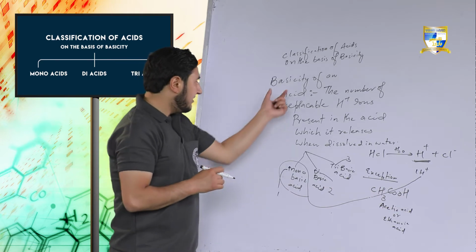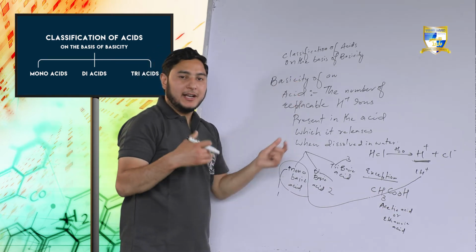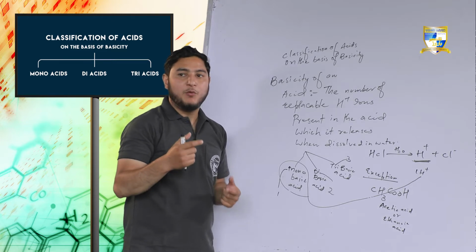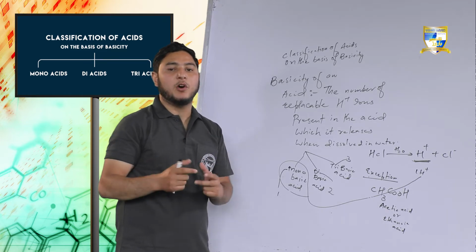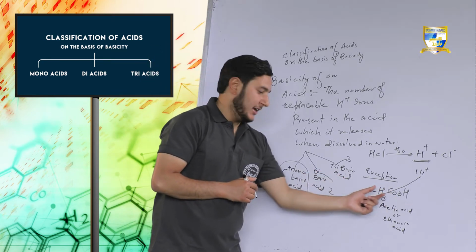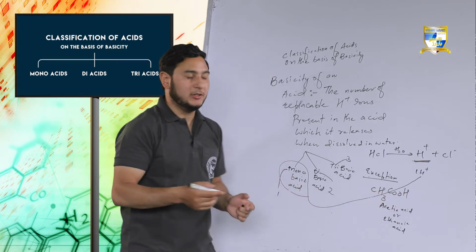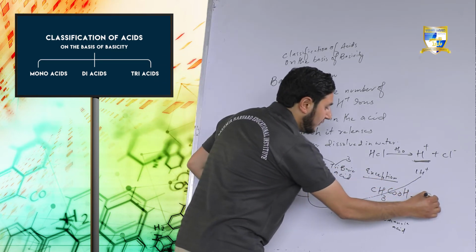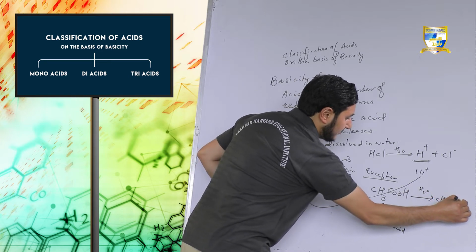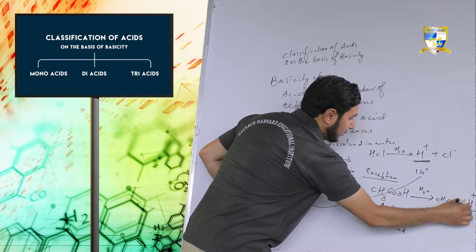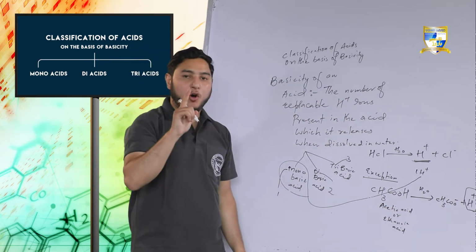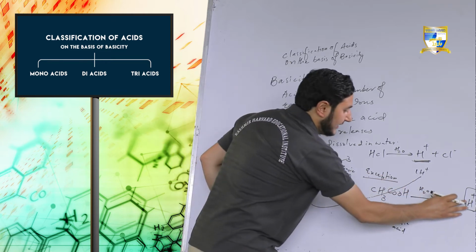But basicity actually means what kind of ions and how many it releases when the acid is dissolved in water. CH3COOH contains 4 hydrogens. Now how many does it release when dissolved in water? It releases only one H positive ion.